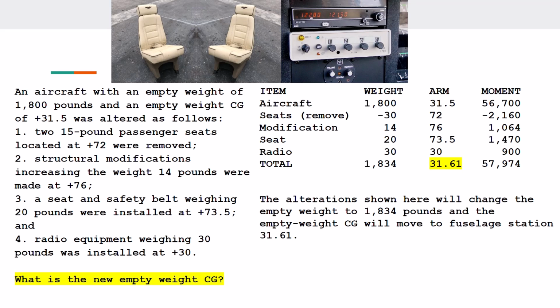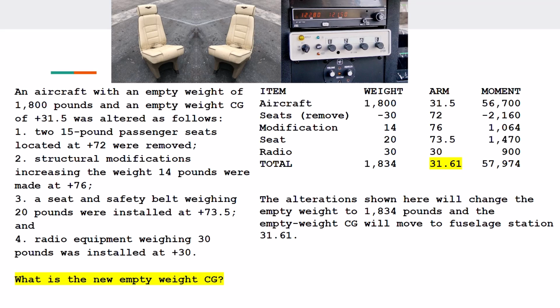Now, we get the minus 30 by adding the 2 passenger seats that were removed. So 15 plus 15 equals 30, and we are removing them, so it is a minus. And our moment is also a negative. Moving on, the next modification, we add 14 pounds at station number 76. We multiply those to get our moment, as for the seat and as for the radio.